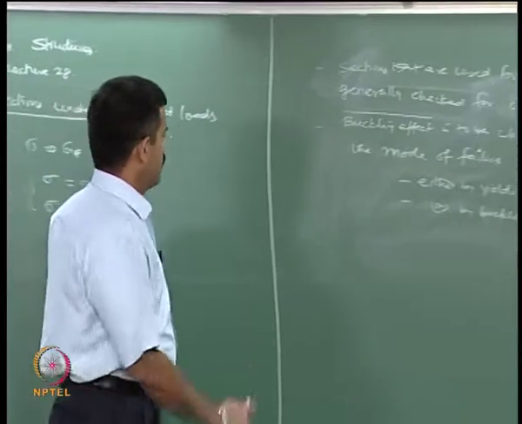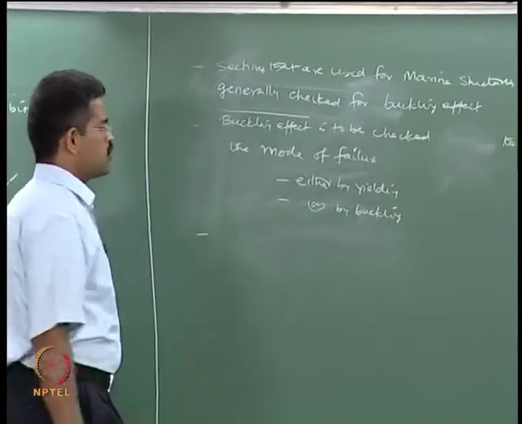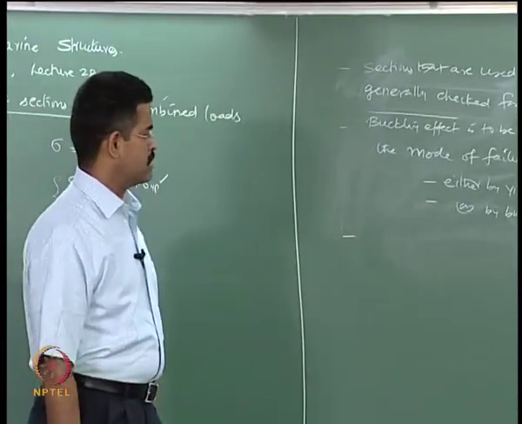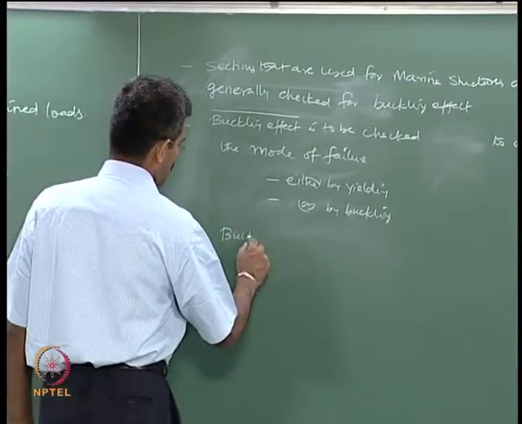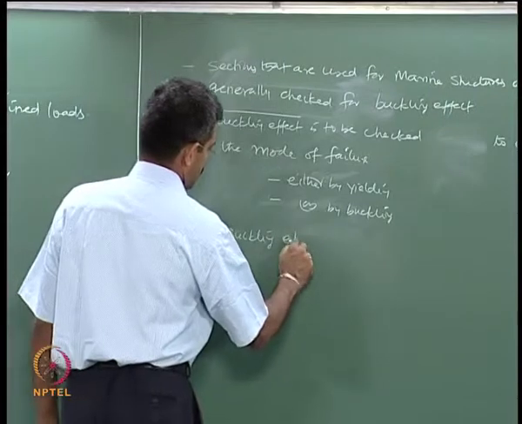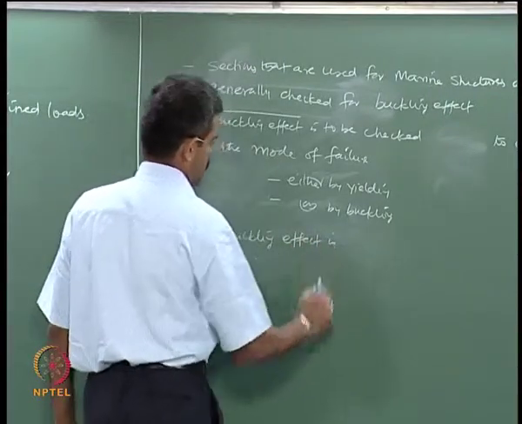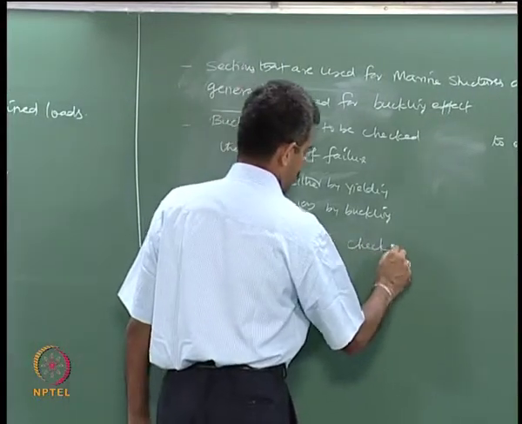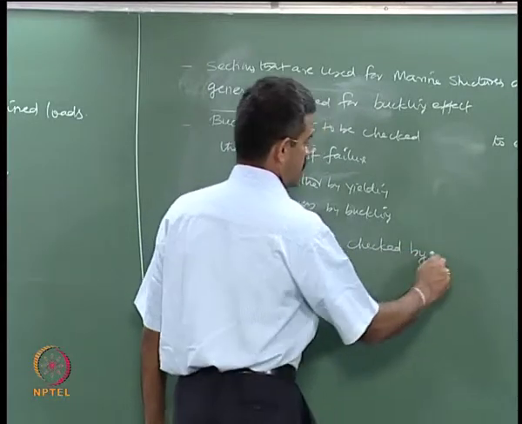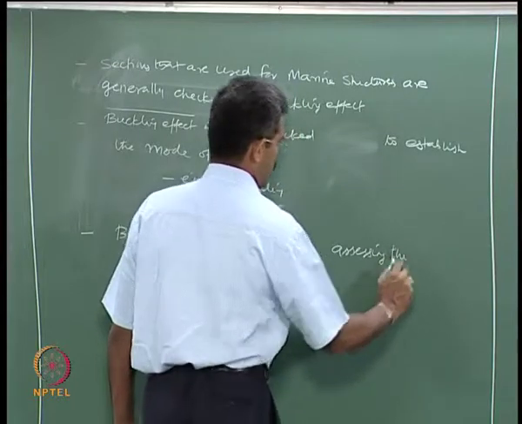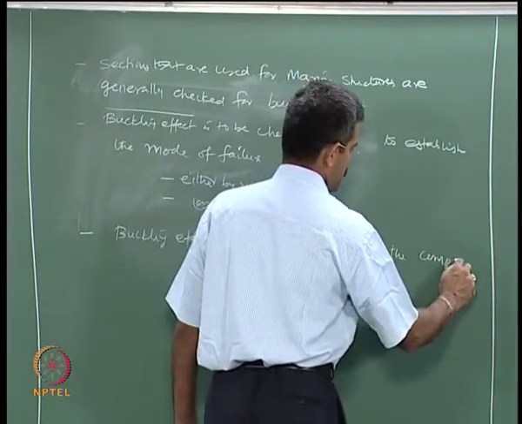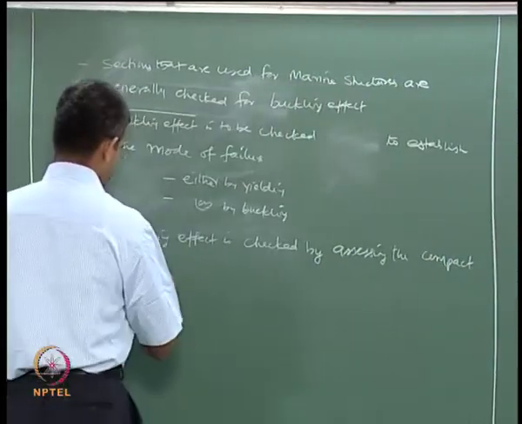International codes which are used for design of marine structures generally advise that buckling effect is indirectly checked by assessing the compact limit of the section.